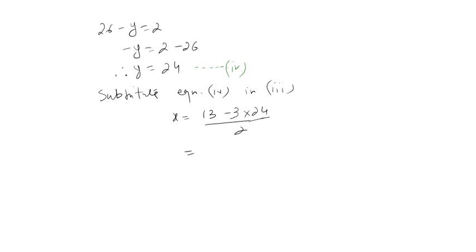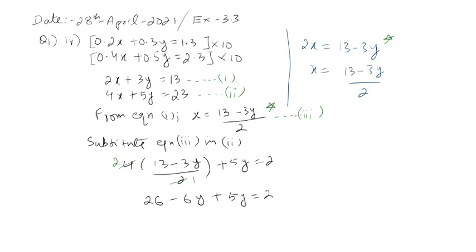How much do we get for 3 into 24? 72. And if I subtract 13 from 72, how much do I get? 59. I think I've made some calculation mistake somewhere. Let's check. Is that okay, or have I done something wrong? Let me check.